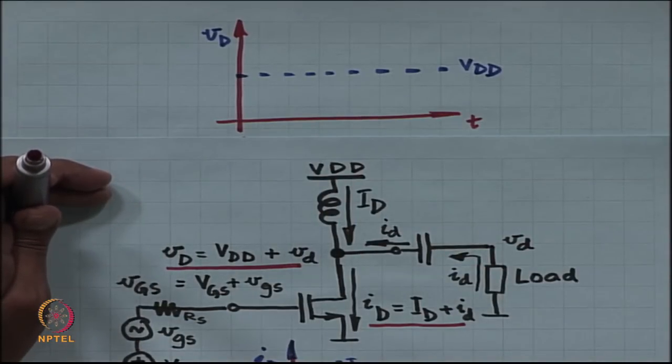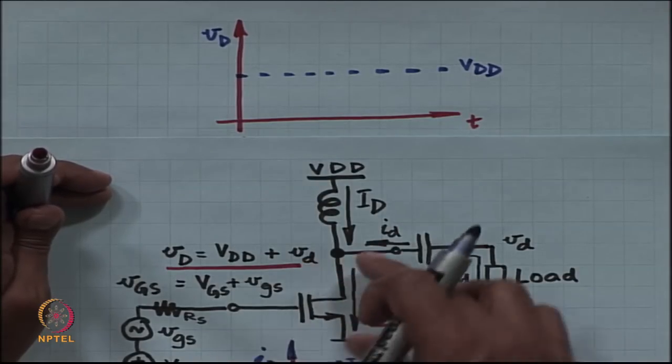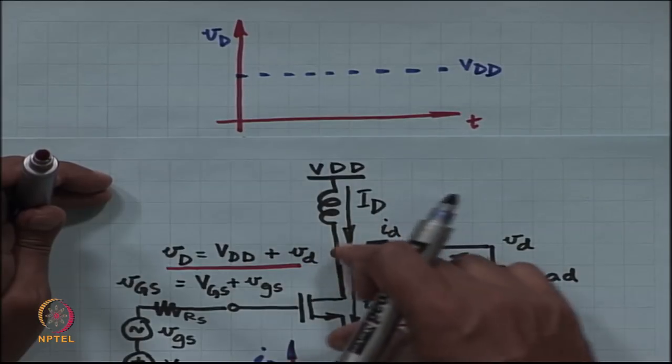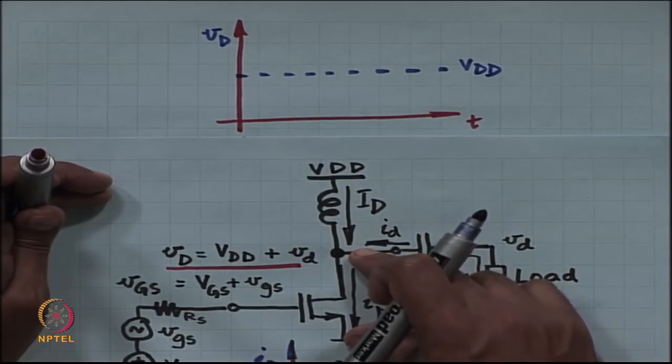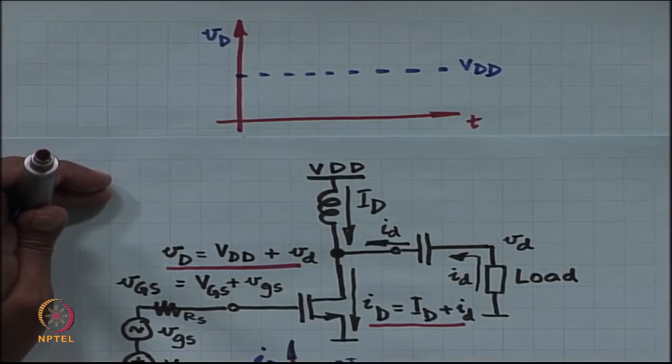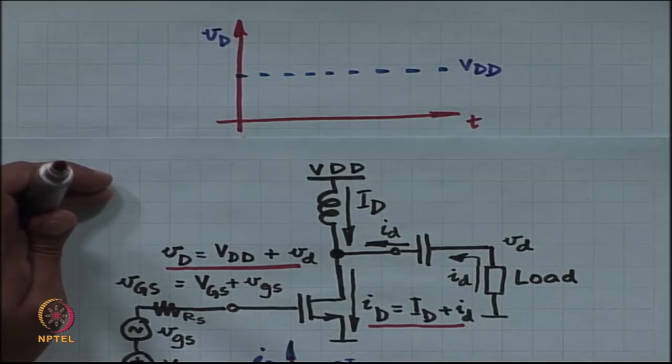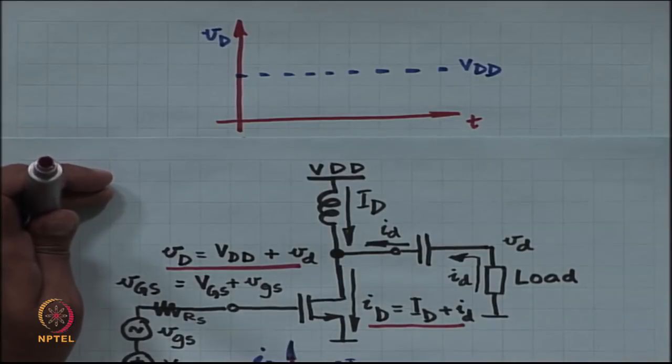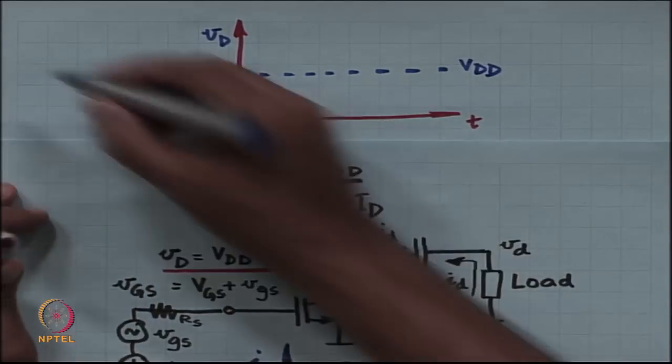How much can it go down? What is the best case scenario? The best case scenario is the overdrive voltage, right. VDS has to be more than VGS minus VT to make sure that the MOSFET remains in saturation. All right. So, let us say we abide by that rule, that MOSFET is going to be in saturation.